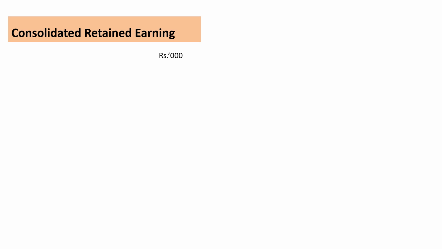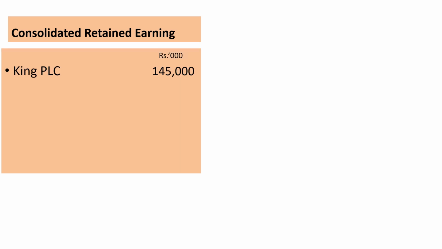Now let's see the impact on the consolidated retained earnings and non-controlling interest. When it comes to consolidated retained earnings, first we have to take King PLC's retained earnings. For that, we have to add the post-acquisition retained earnings share of Queen PLC.